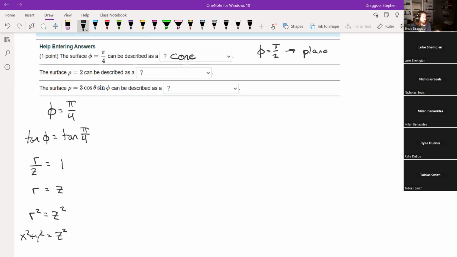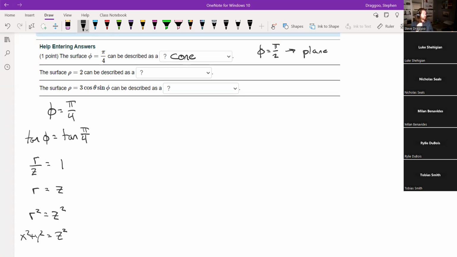But if phi is equal to any other angle, we're gonna have a cone, as long as the angle is between 0 and pi, which is usually what we restrict ourselves to when we're talking about phi. 0 being the positive z-axis, and then pi getting us all the way down to the negative z-axis.